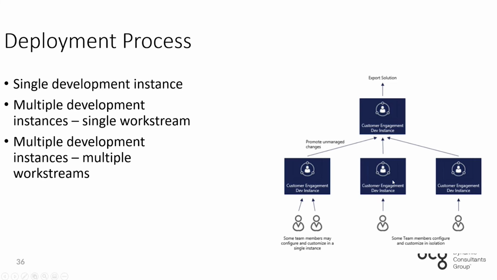So perhaps, if your team is large enough and they could be working on different work streams, you would have a centralized dev instance where they combine their stuff, and then you export from that dev into test, right?